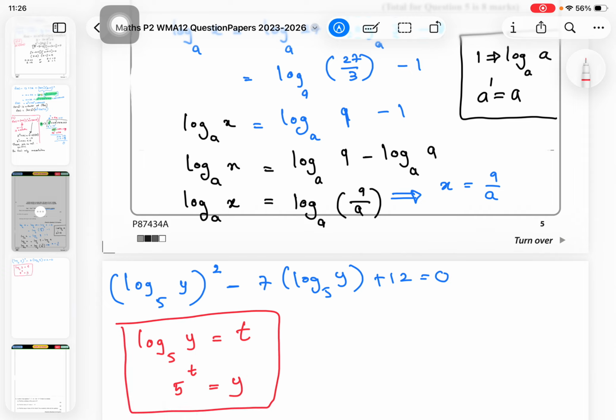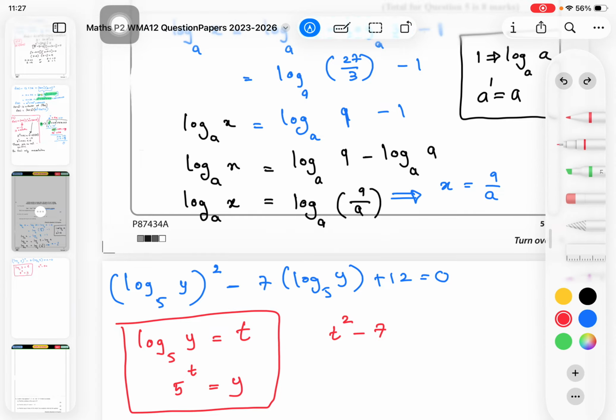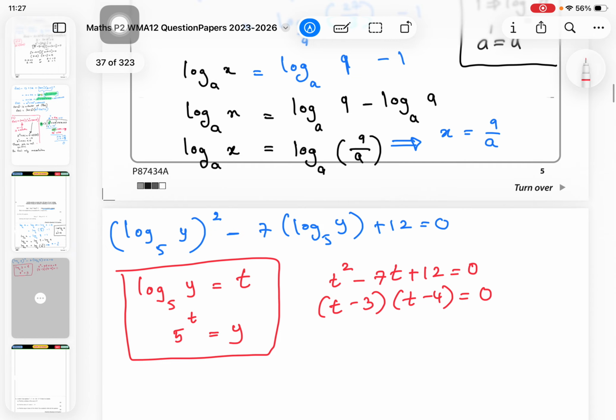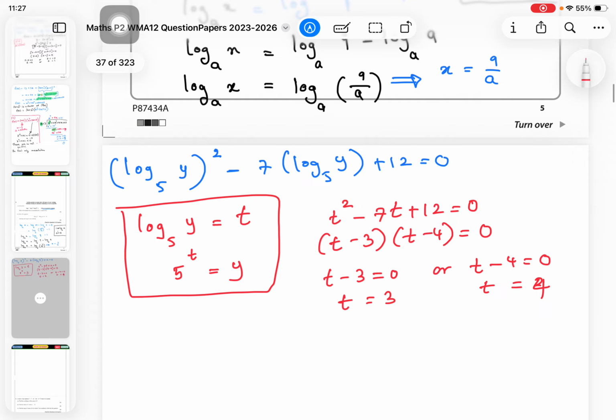I'm just writing it for my ease. When I substitute t in that place, it's t squared minus 7t plus 12 equals 0. This equation is pretty straightforward. We can factorize it: t minus 3 equals 0, or t minus 4 equals 0. So t is 3 or t equals 4.